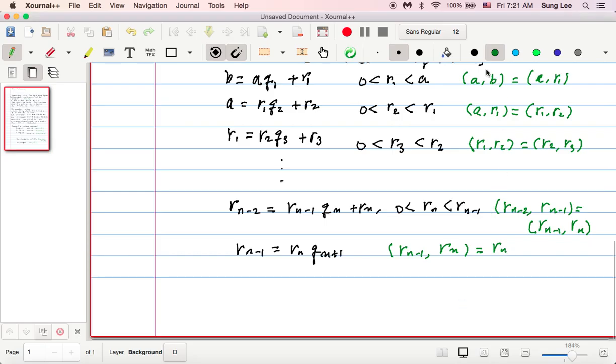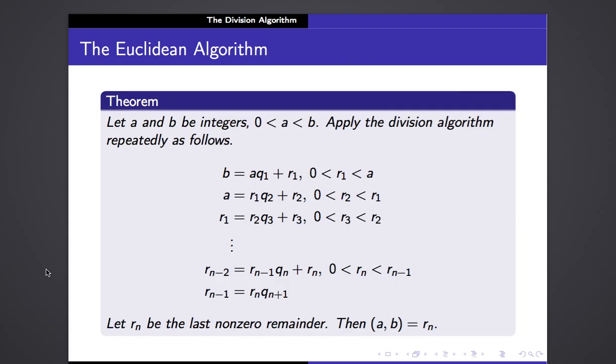And so following all the steps, the GCD of the original pair A and B is this r sub n. So that's what we have. That's the theorem, which is the Euclidean algorithm.